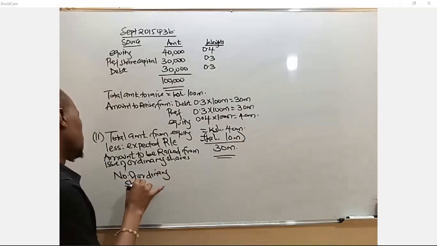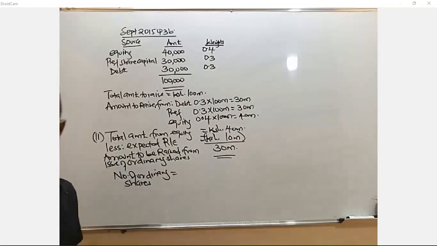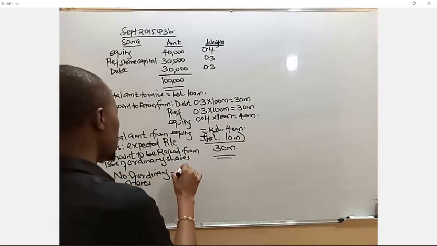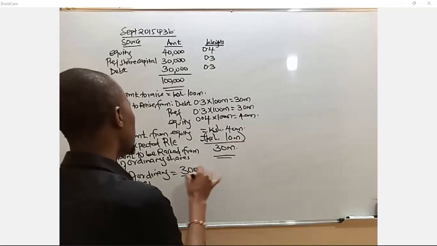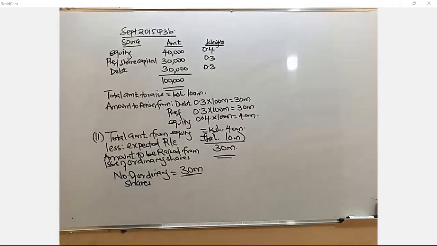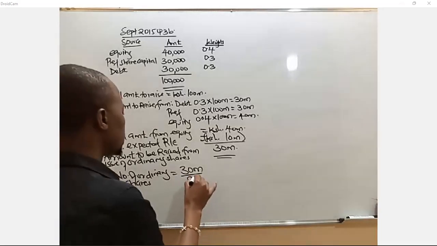We take the total amount which we can raise, 30 million, and divide it by the market price per share. We have been told in bullet number 3 that the company can issue new ordinary shares at the current market price of 88 shillings.